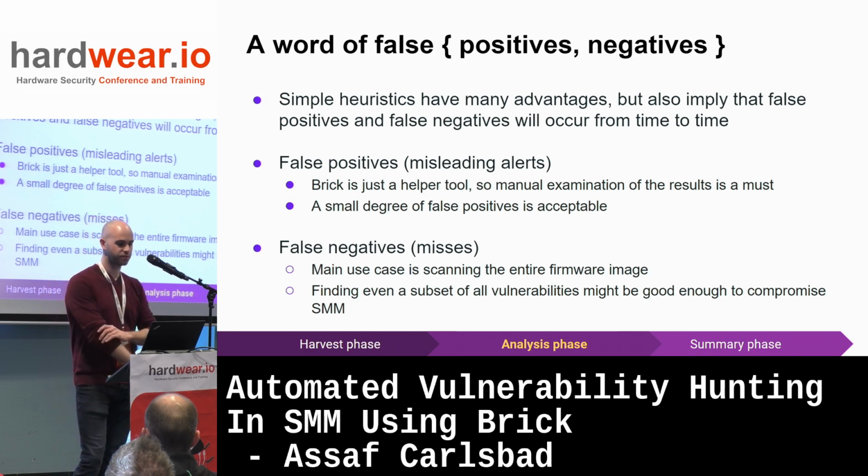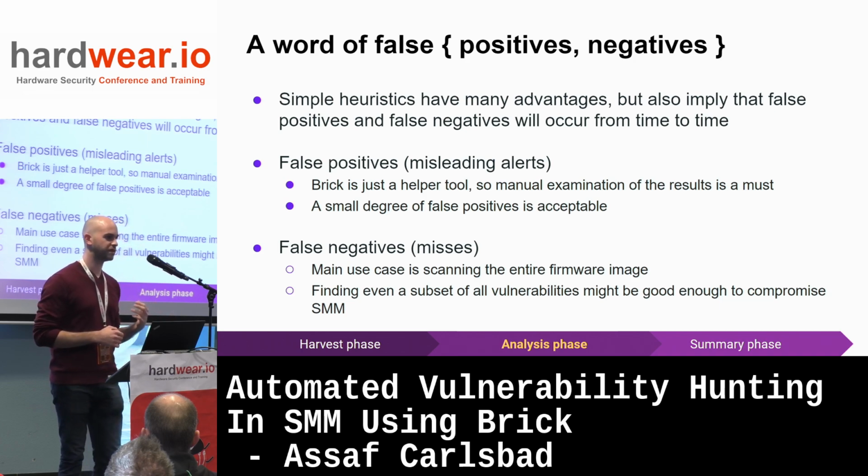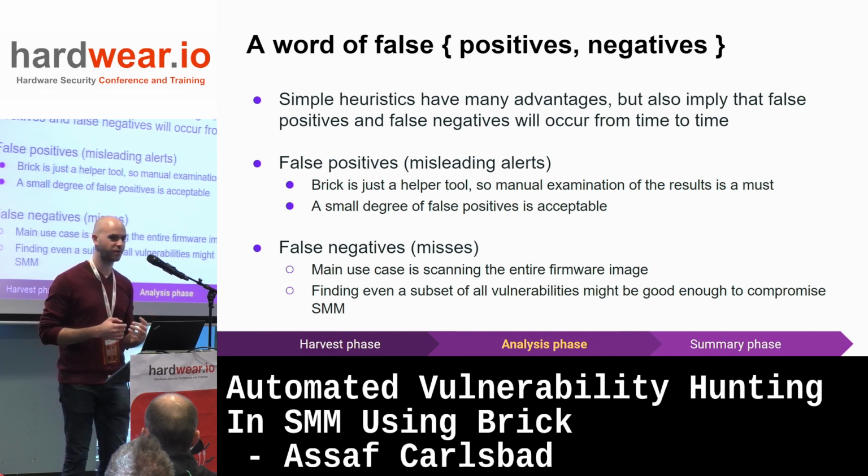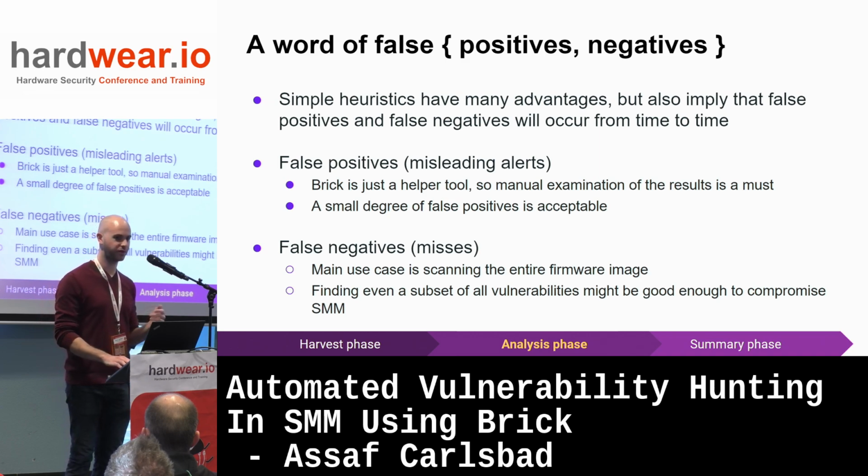When it comes to false positives, it's important to understand that Brick is mostly a helper tool. It's not going to replace a human analyst, and eventually a human analyst is required to determine if a particular result is true or not. That means that as long as we keep the rate of false positives below a certain threshold that is manageable by a human being, that might be good enough.